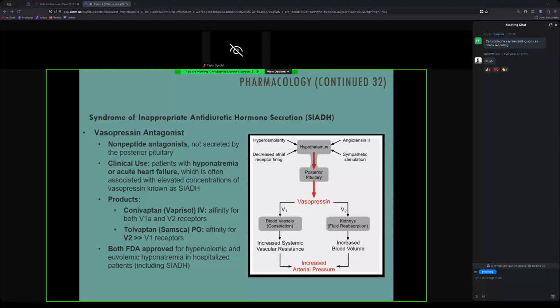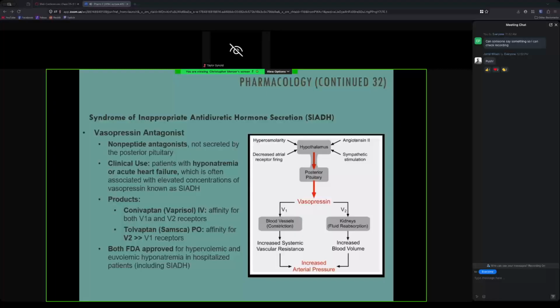You see them there in the middle of your slide. These are ADH antagonists. They're non-peptides, so they're synthetic small molecules. They are not secreted by the posterior pituitary. They're synthetic. So we're going to use them clinically in the patients with hyponatremia or acute heart failure, both of which can be associated with elevated vasopressin levels.